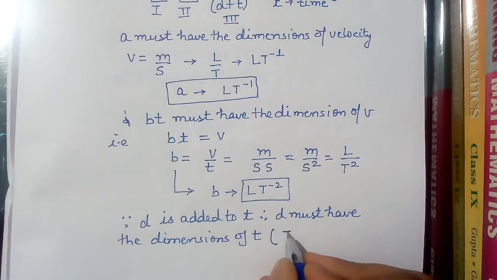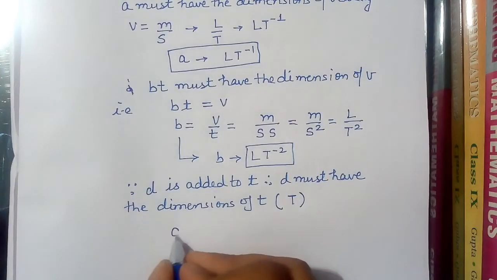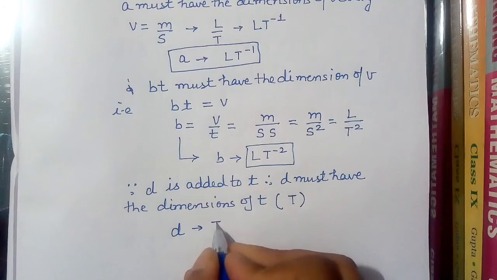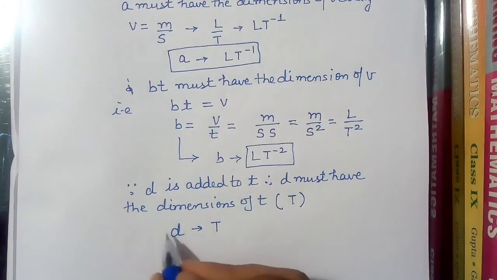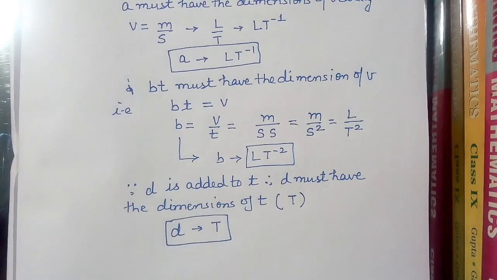The dimension of T is only T. That is, the dimension of D is T. This is the dimension of D. So far we have calculated the dimensions of A, B and D.